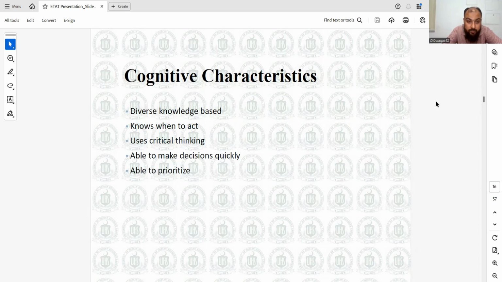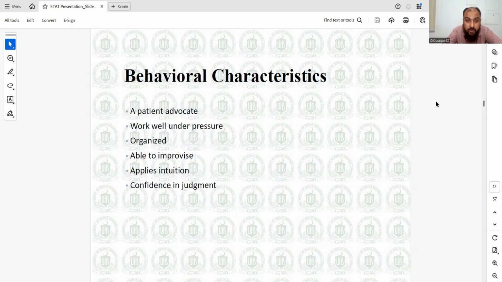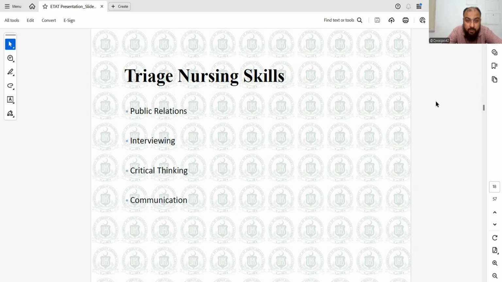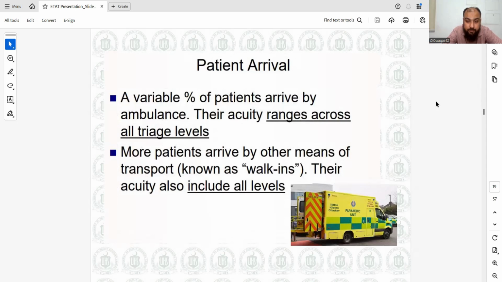Cognitive characteristics: diverse knowledge base, knows when to act, uses critical thinking, able to make decisions quickly, able to prioritize. Behavioral characteristics: patient advocate, works well under pressure, organized, able to improvise, applies intuition, confidence in judgment. Triage nursing skills: public relations, interviewing, critical thinking, communication.